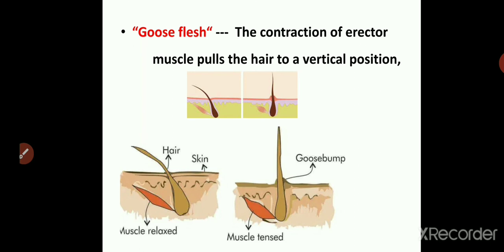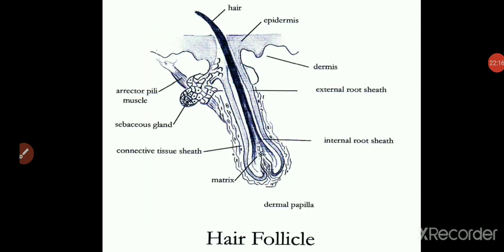And when the muscle is relaxed, it keeps the hair follicle in a slanted manner. So when the hair is erect, you can see the goose bump created. That is a bulge section created, or a pillow erection it is also called. Yes, this is the diagram of a hair follicle. You need to study the diagram very clearly with all the labelings and the functions of the various parts.